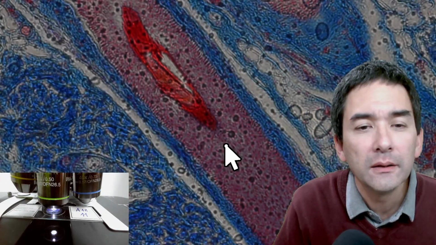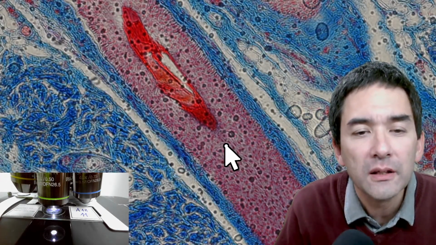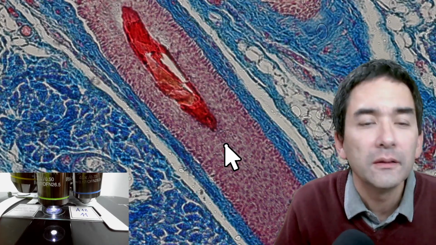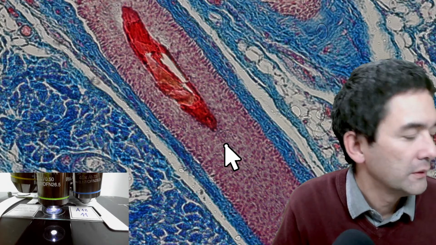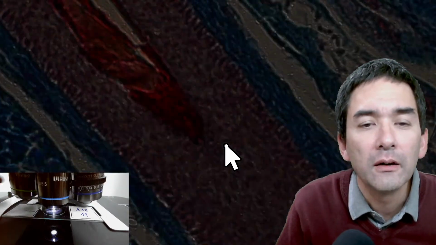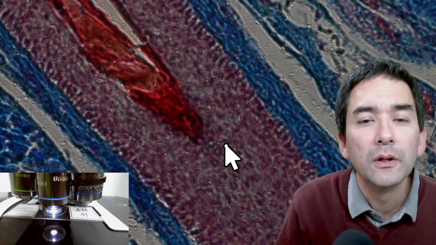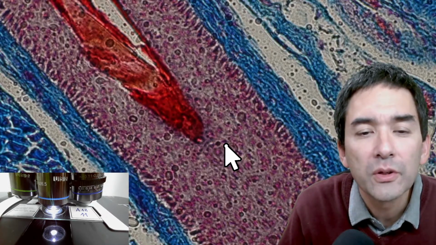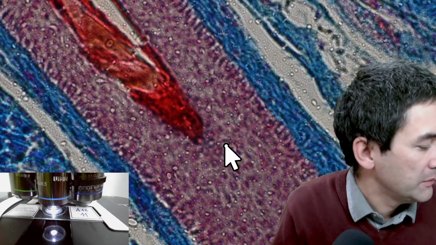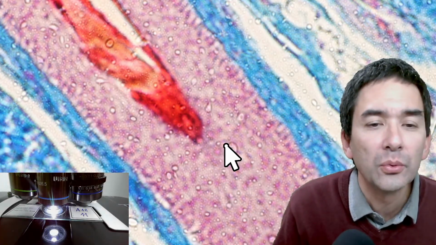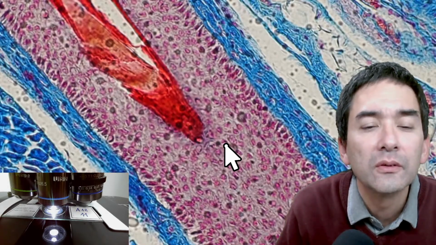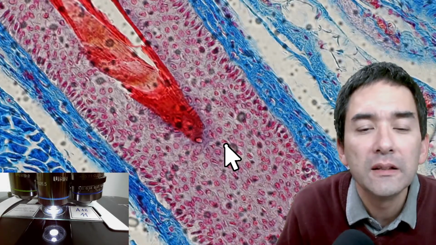I need to refocus because I think I'm focused on the dirt now. If we go further up with the magnification, let me focus. Not so good. Let me open the condenser a bit, go down, and refocus. I should have cleaned the slide a little.